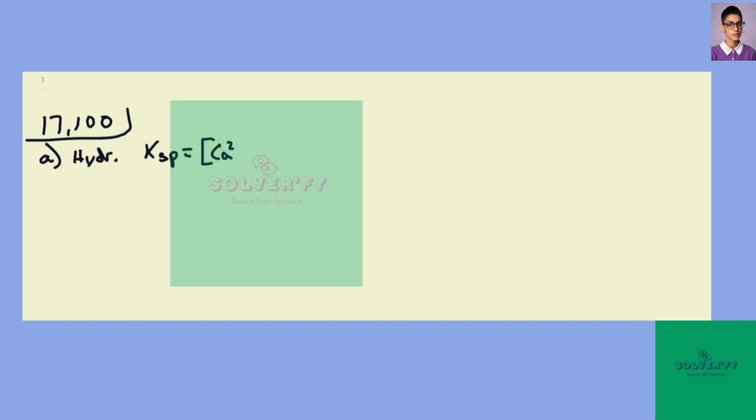So calcium 2 plus to the 5th power, since there's 5 calciums, phosphate PO4 3 minus to the 3rd power, and times the concentration of hydroxide.